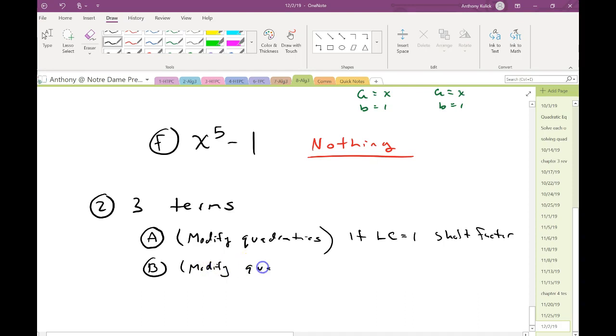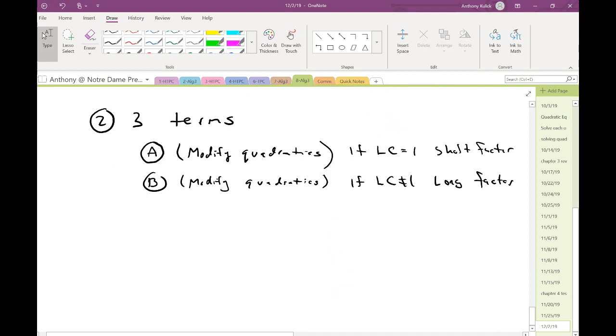So there's 2 things we might do here. And we're basically going to be using the same factoring technique that we did for quadratics. So if the leading coefficient is 1, we can just do kind of that short factoring. And if the leading coefficient is not 1, we have to do that kind of long factoring. And so again, let's look at some examples.